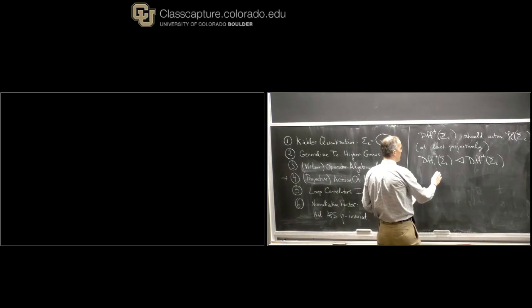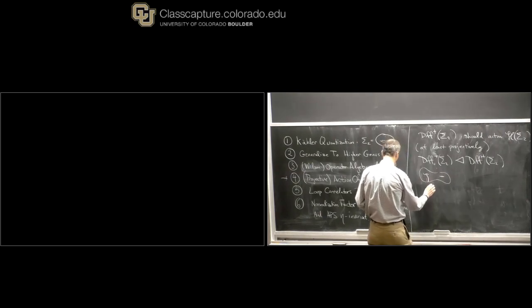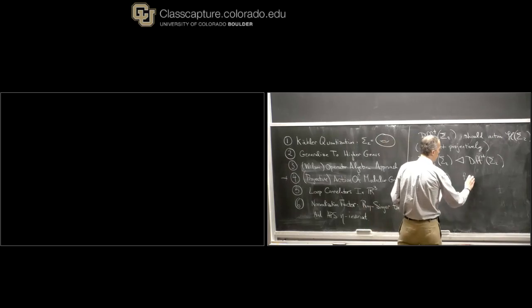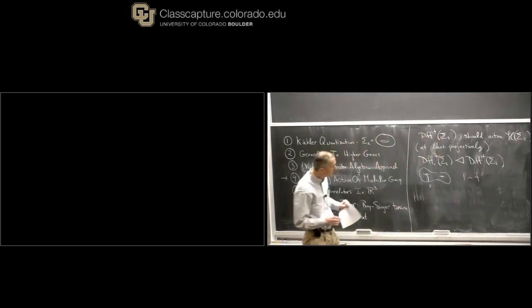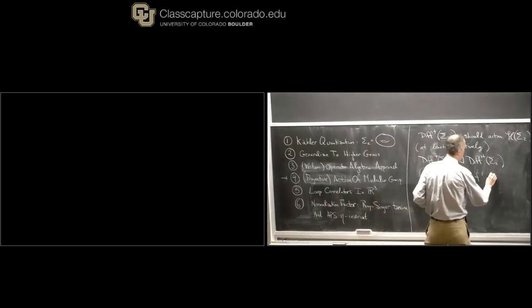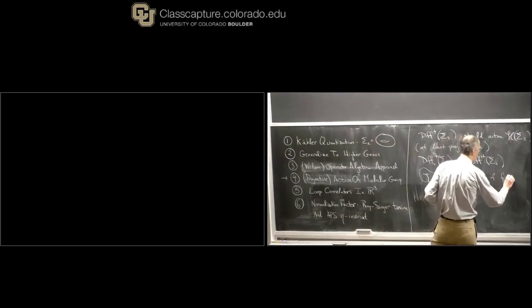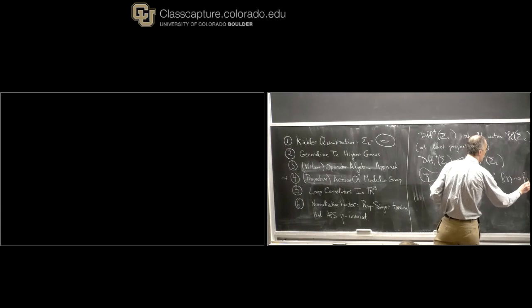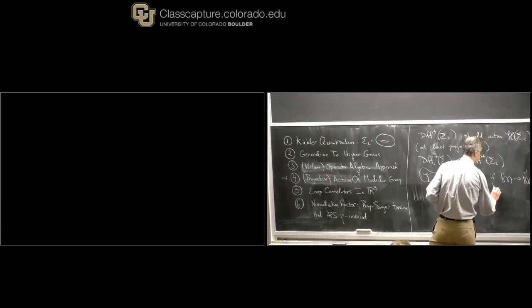Another way of saying it is that if I have my surface and I look at some gamma, then we say that F is isotopic to F prime if I can deform F of gamma to F prime of gamma for all closed curves gamma.